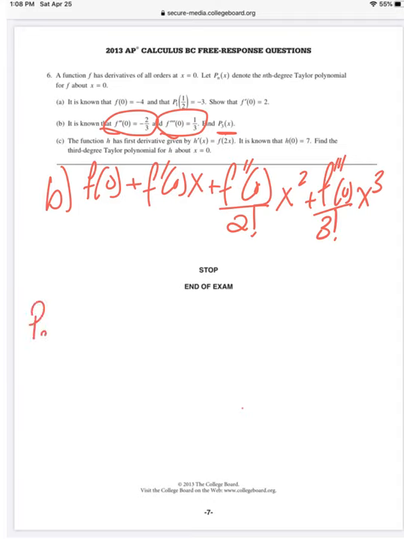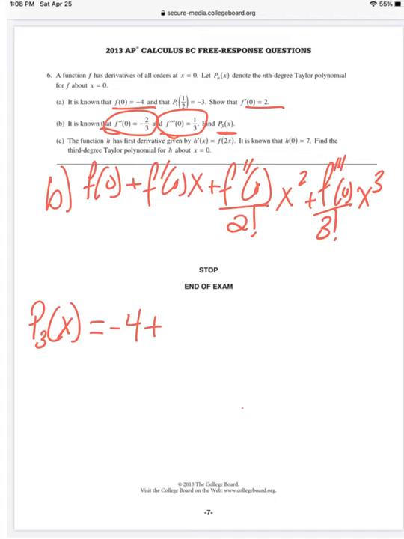So p sub 3 of x is, now plug everything in using the information we have from part A as well. We know f of 0 is -4 plus the first derivative we already proved, but even if we didn't prove it correctly in part A, you can still do B because they told you what it was in part A. Got it?